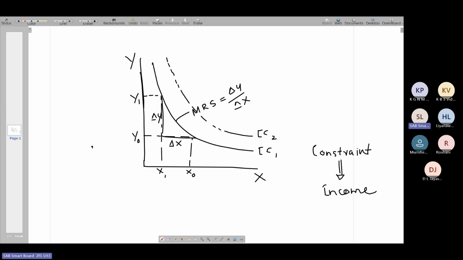So a higher indifference curve explains a higher level of satisfaction.